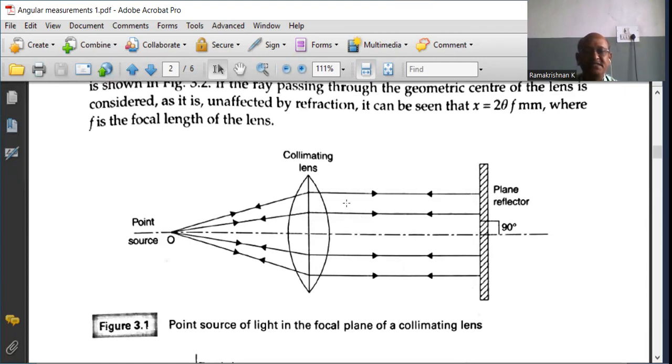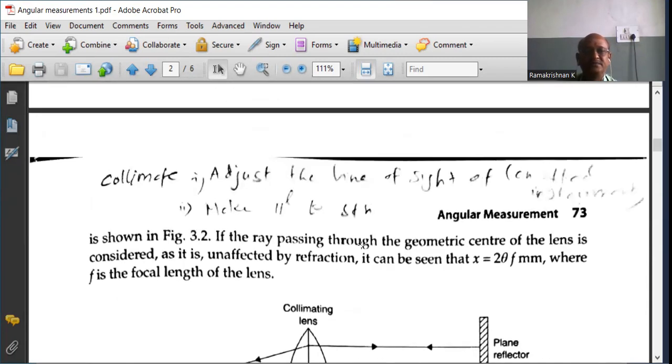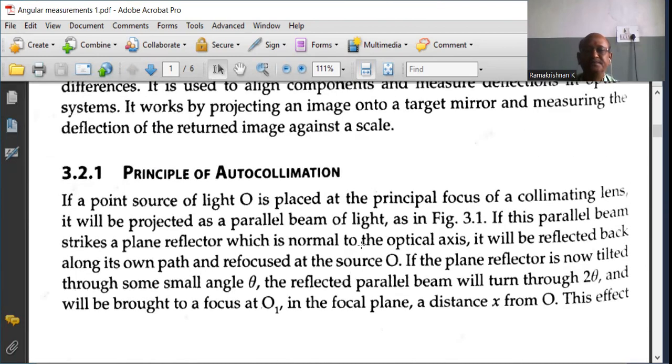After incidence on the collimating lens, all the incident rays become parallel beams. Now all the parallel light beams are incident on the plane reflector. Here the plane reflector is at 90 degrees to the axis of the collimating lens, as you see in the diagram.